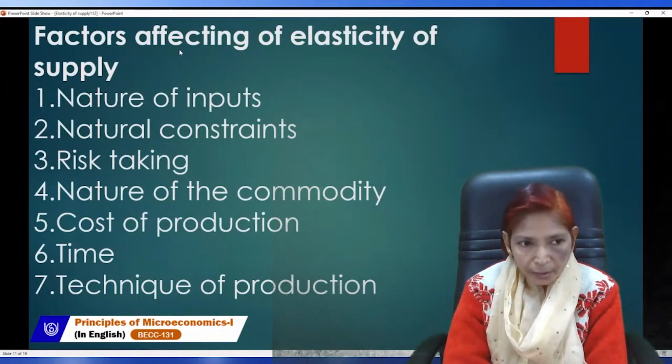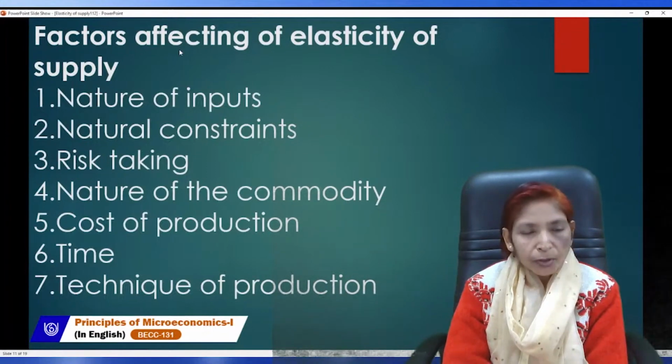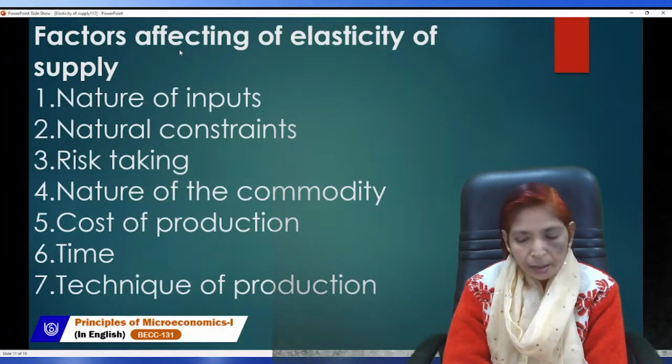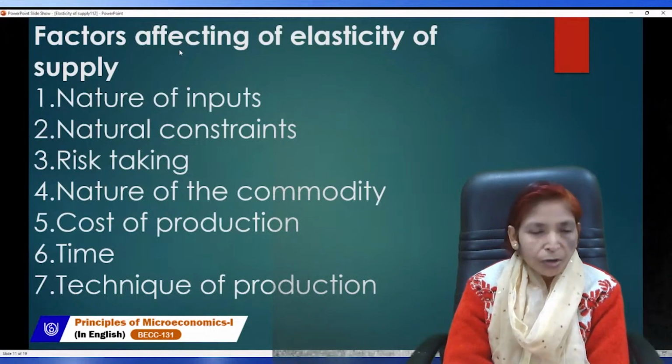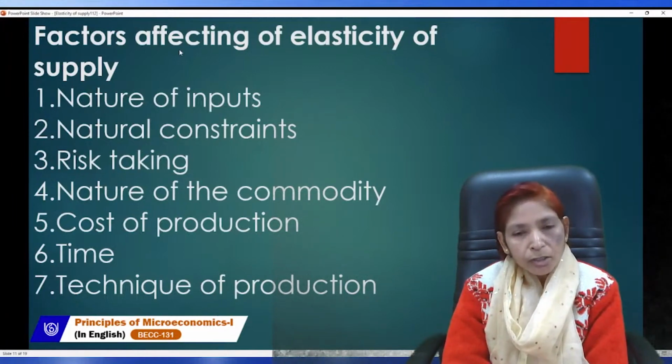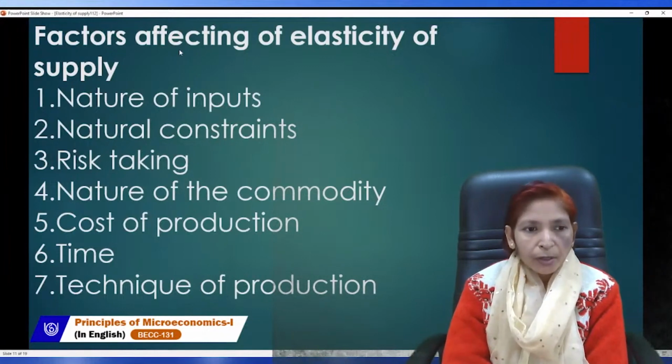If you are a risk lover, if a businessman wants to take risk for the production of goods and services, in this case supply can change and elasticity of supply will be higher. And if you are a risk averter, businessmen don't want to take any type of risk, then supply will be less elastic. Fourth point is nature of the commodity.